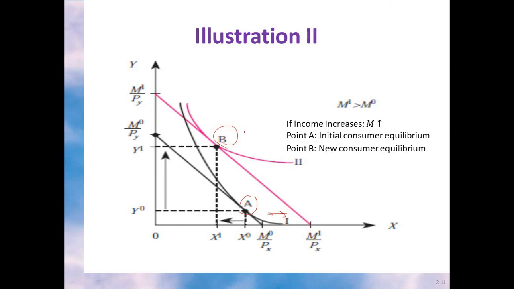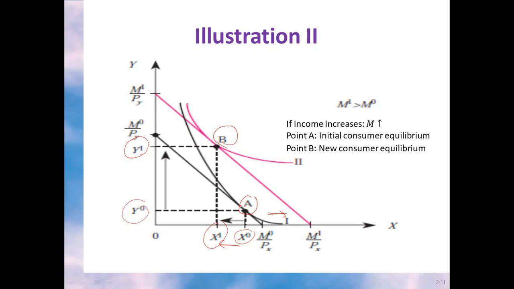But if we look at the combination of bundles A and B, before income increases we use this much of X, this much of Y. After income increases, Y increases to Y1, we see the new bundle, but X decreases to X1.